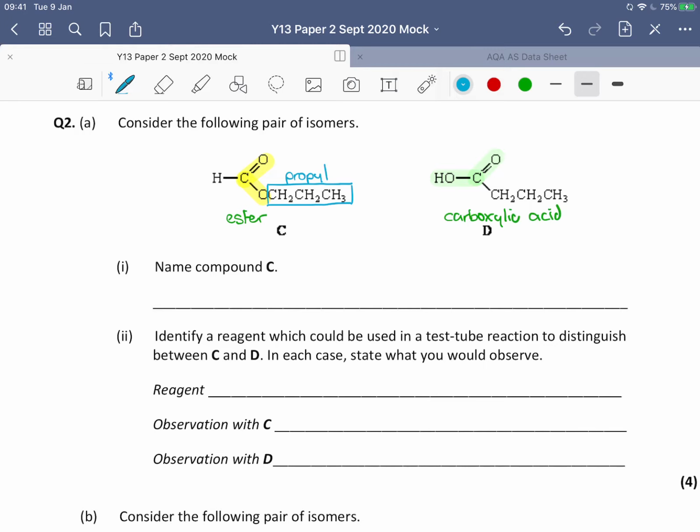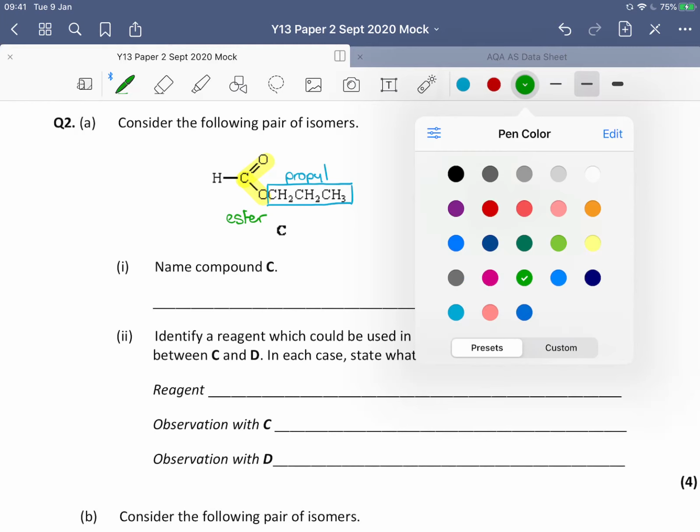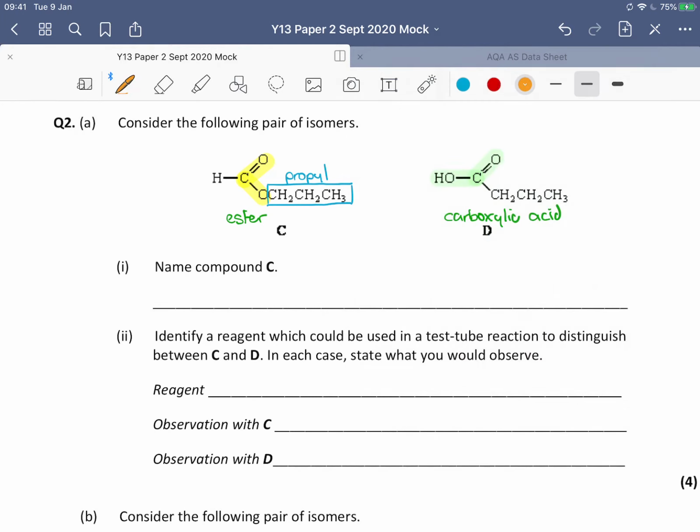And then the second part of the ester name, the part that goes anoate, you have to make sure that you're looking at the carbon that is part of the carbonyl and what else is attached to it. So there is actually only the carbon in the carbonyl and no other carbons attached to it.